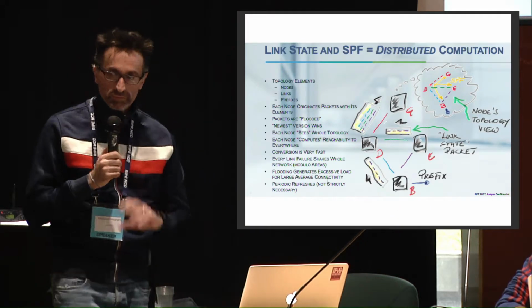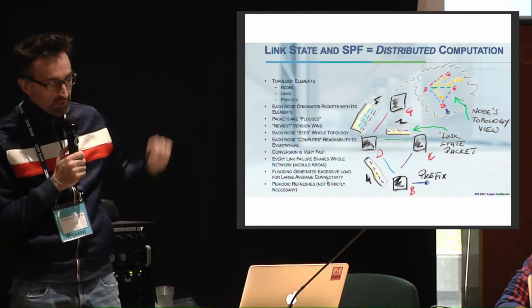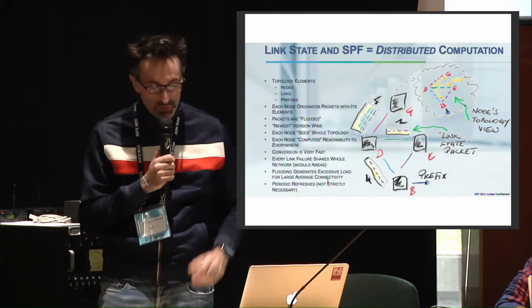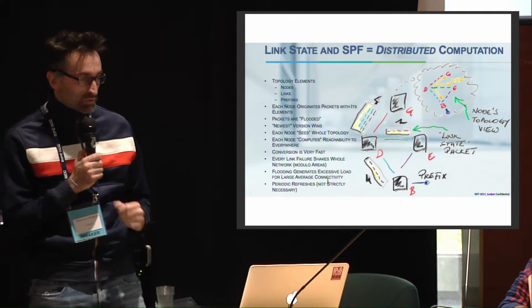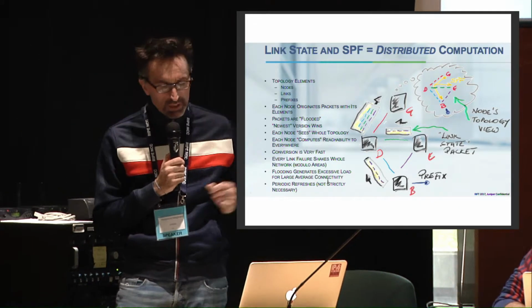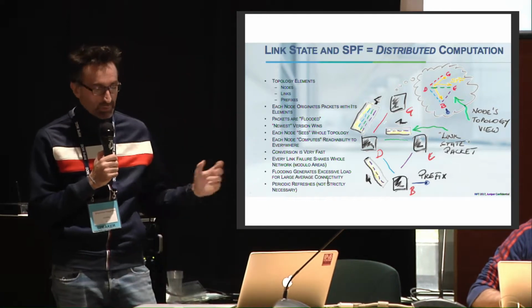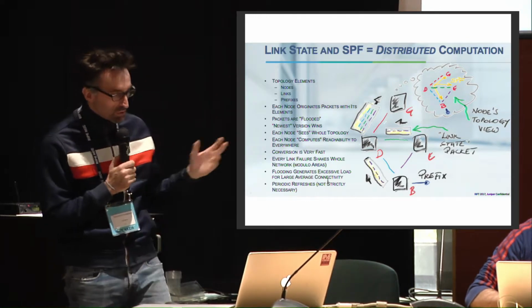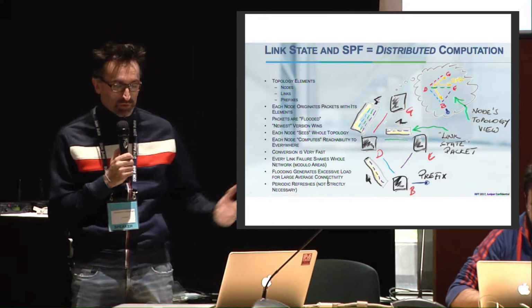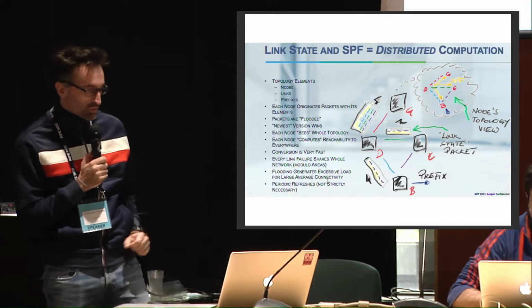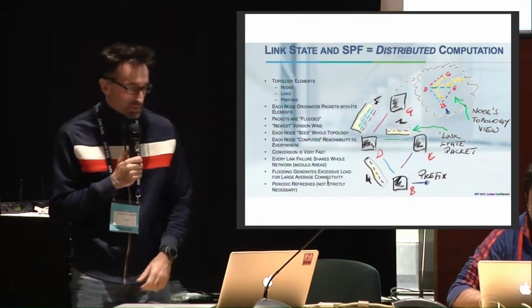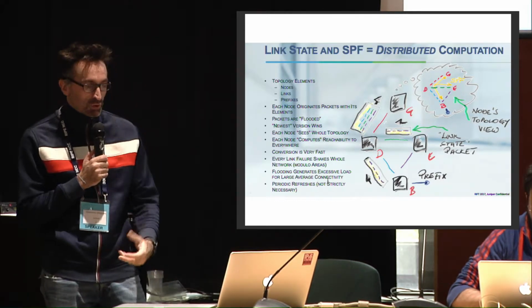A very quick overview of traditional routing protocols. We know that we have on one side link state protocols that have all their advantages and all their behavior: the distributed computation, all the routers have the same view of the topology, and hence each router can calculate the best path given the topology itself.